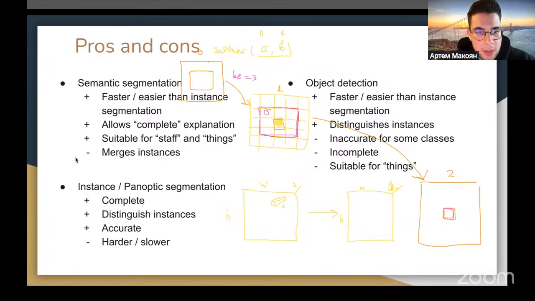For example, this green square depends on a 3 on 3 square here. That's why, when we talk about dependence on the 0 tensor, we cover a 5 on 5 square for the center.